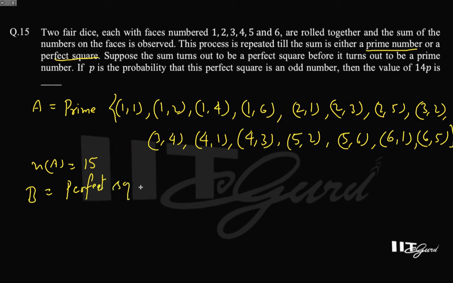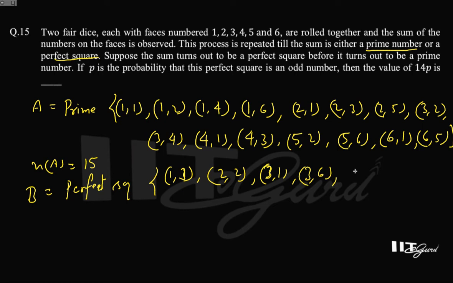For the perfect square, the terms are here. Once again, 1 3 will be there, not 1 1. So 2 2 will be there, and then 3 1, yes. Then 3 2, 3 4, 3 5, 3 6, and then 3 6 will be there.